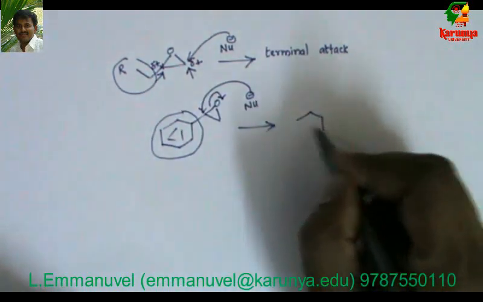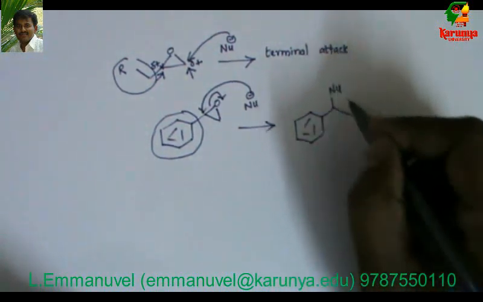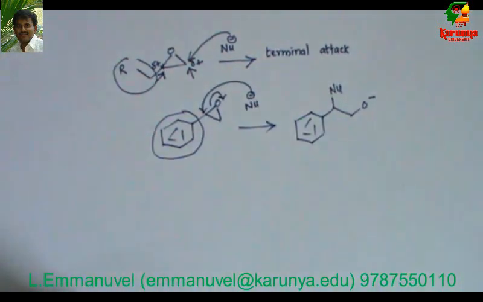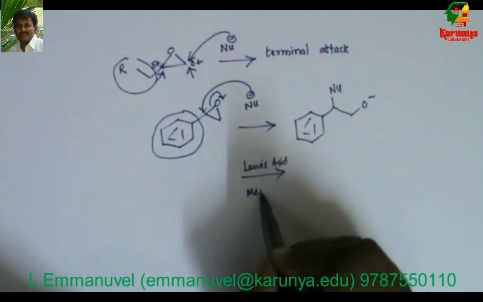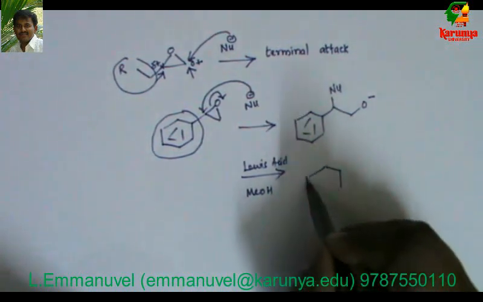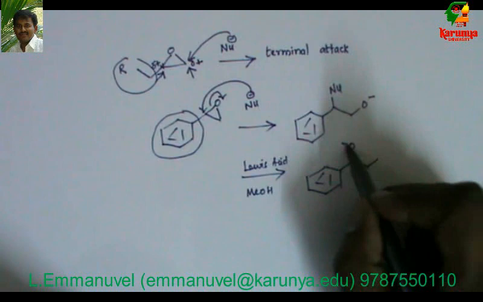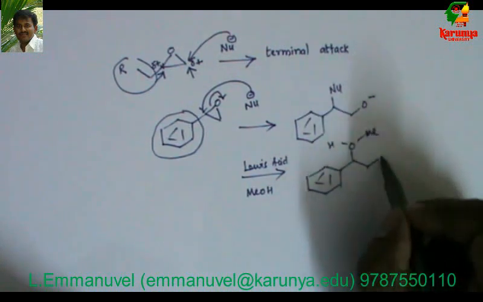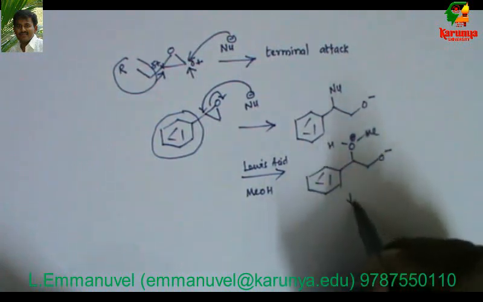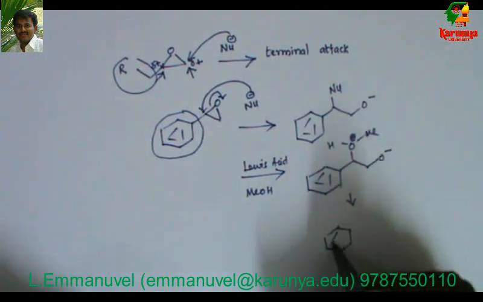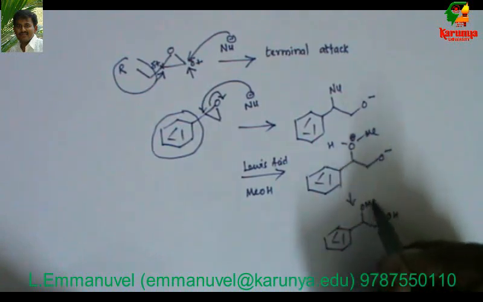So what we get is, if you add Lewis acid and methanol, what we get is... further this hydrogen will be taken up by this minus. So what we get is this product.